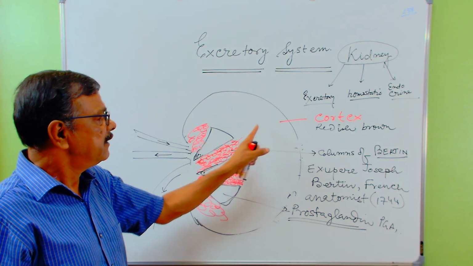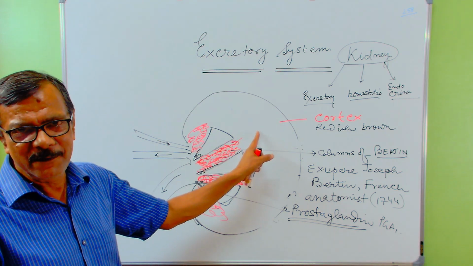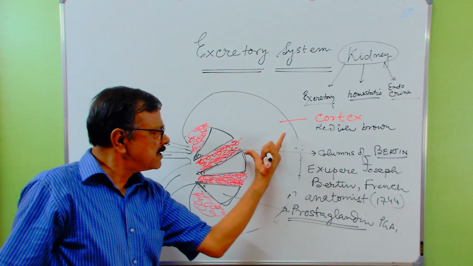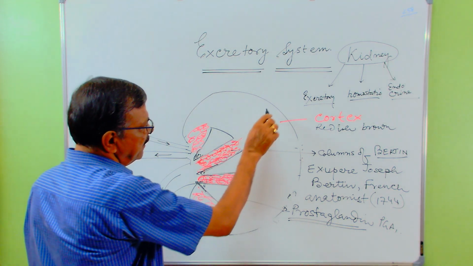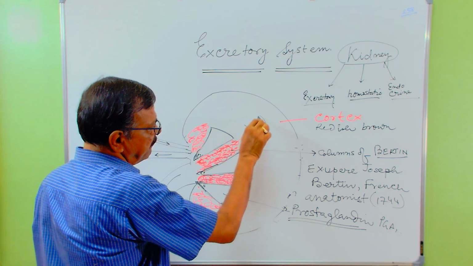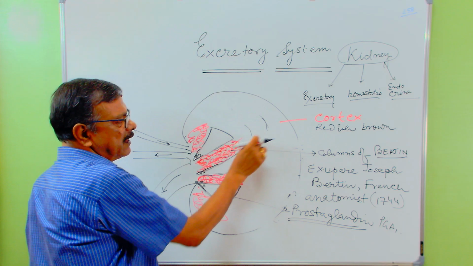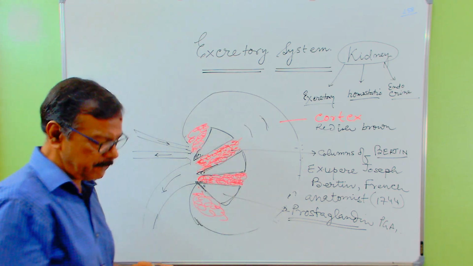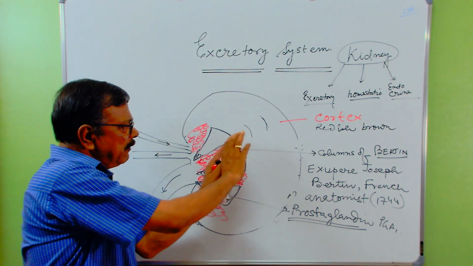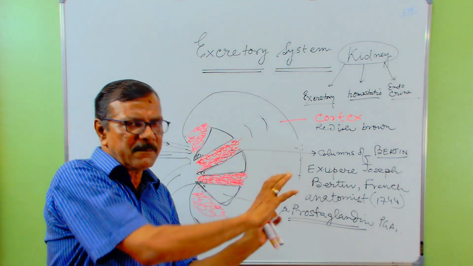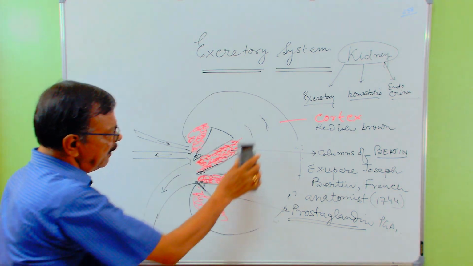Now, the main functional microscopic units are there, that is, the nephron. Clear? So nephrons are situated here in the cortex. These nephrons are the main filtering unit or microscopic unit of kidney, which I am coming to, but I will draw the nephron in some other way so as to enable you to understand this.